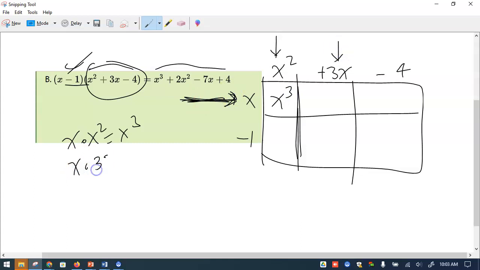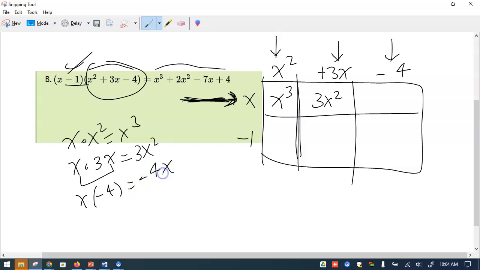If you multiply this, you get 3, and because there are two x's, you write x squared, so this becomes 3x squared. Next, the same x multiplies minus 4. So x times negative 4: the negative sign stays, and you have 4 by itself and x by itself, so minus 4x. This is how we do this part.